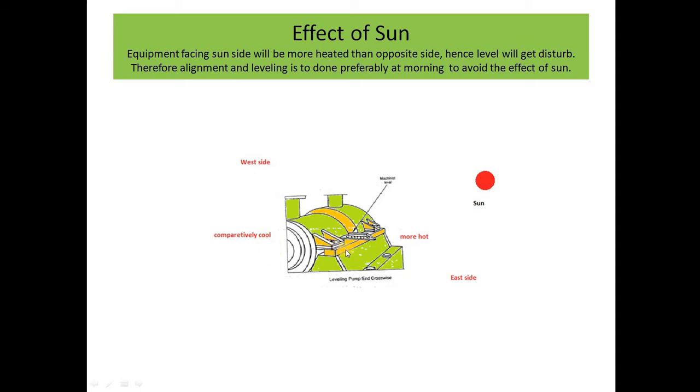So the alignment and leveling will get disturbed. So it is advisable to do leveling or alignment at the temperature the pump is going to run, or early in the morning, so that there is no effect of sun.